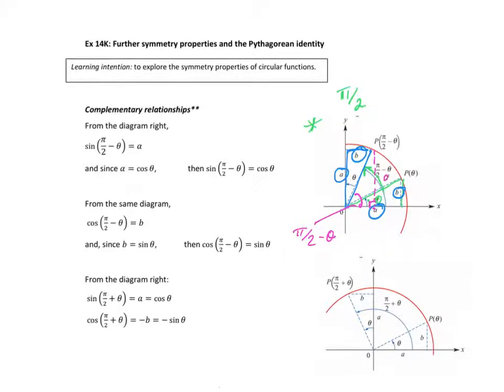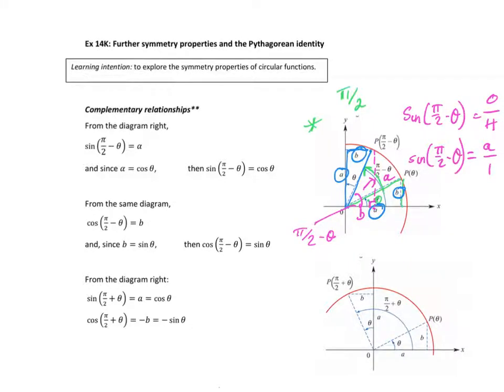This value here is A, this value here is B. So sine of pi on 2 minus theta: remember sine is opposite over hypotenuse, our opposite there would be A, and our hypotenuse is still 1 because it is a unit circle, so it's A over 1.